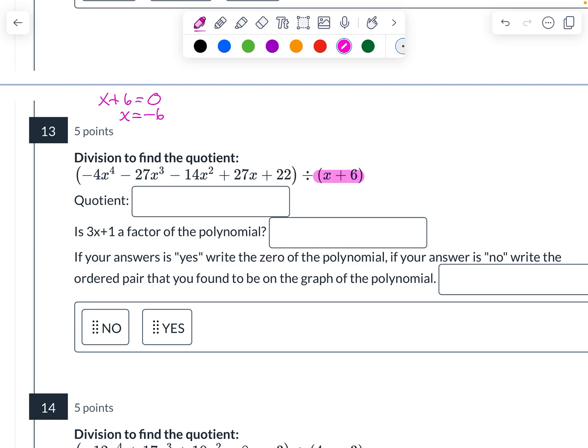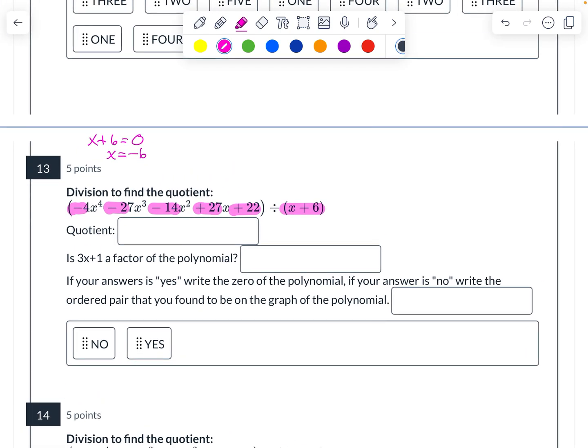All right. So, we're going to take the numbers in front: negative 4, negative 27, negative 14, 27, and 22. We are going to put negative 6 in the box, and put negative 4, negative 27, negative 14, 27, and 22 out front.